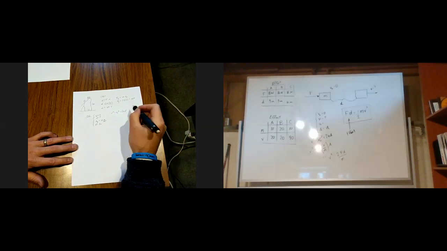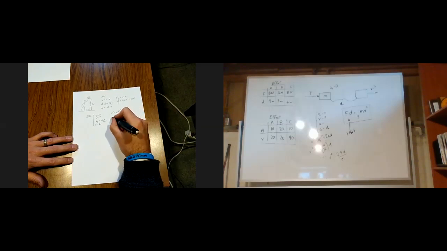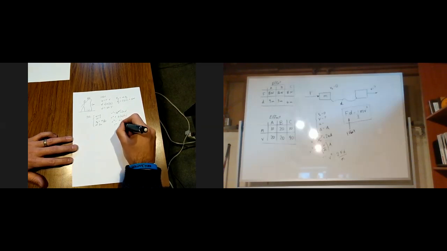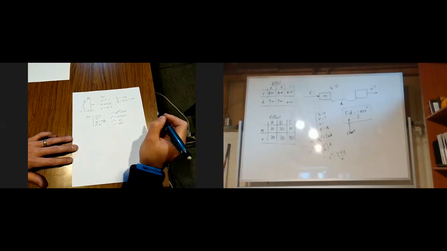Here again is some old physics that we've all done our fair share of this year. V squared comes out to 40, which means that V is the square root of 40, whatever that is.